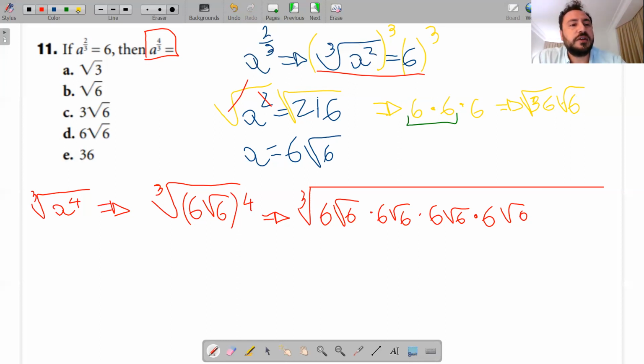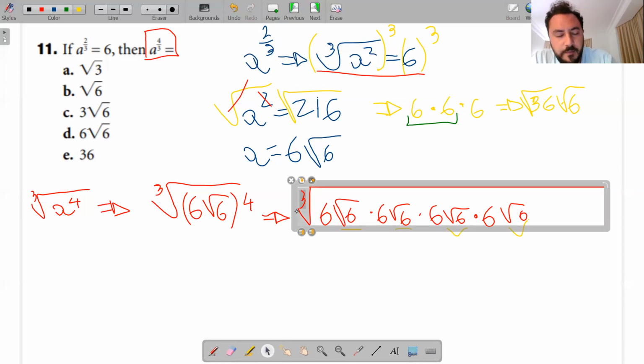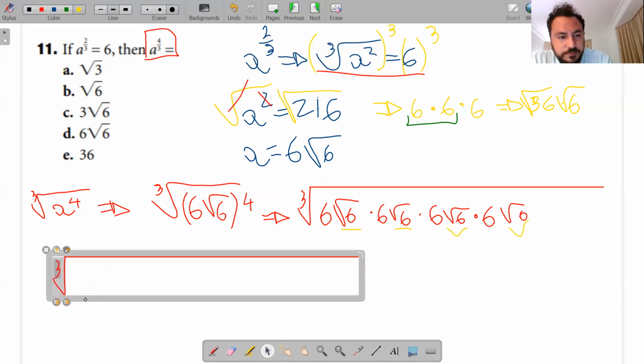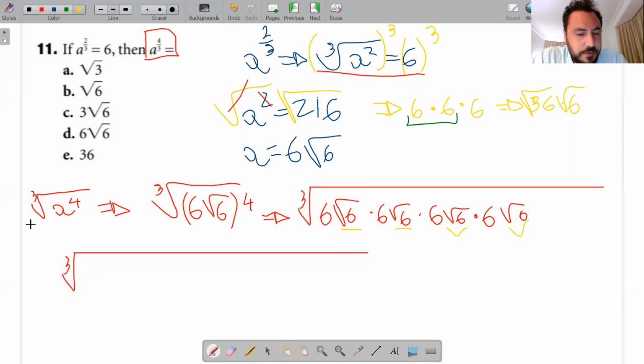Here we have the square root of 6 multiplied by the square root of 6, and so on, so the square roots cancel out in pairs.